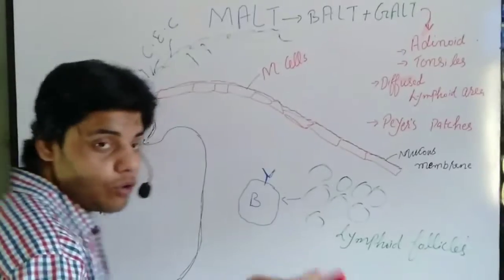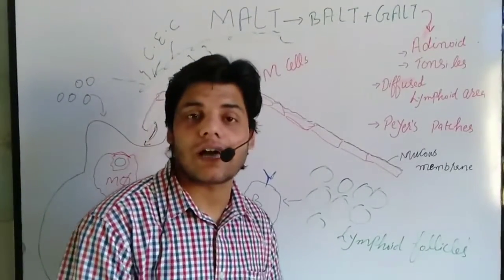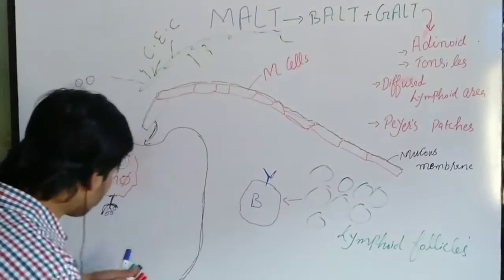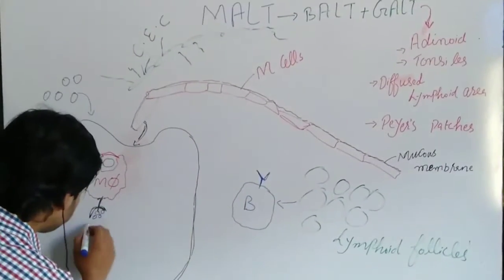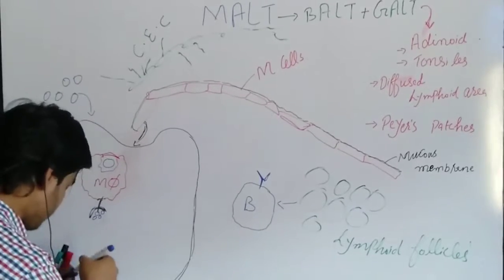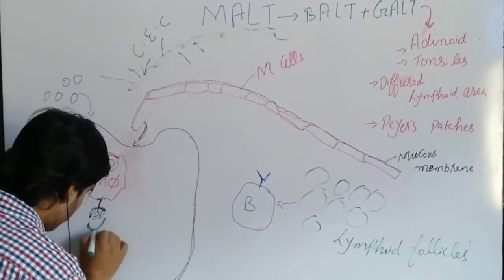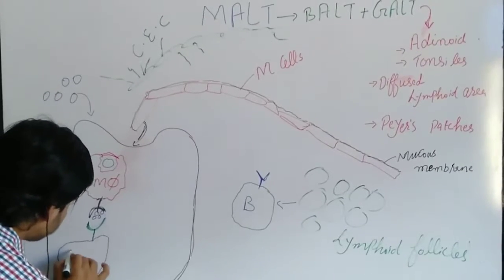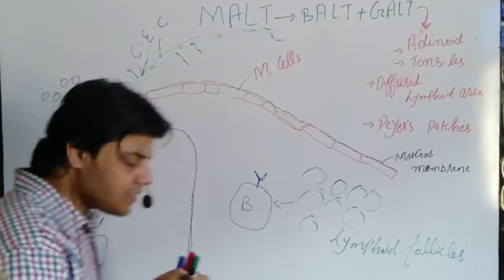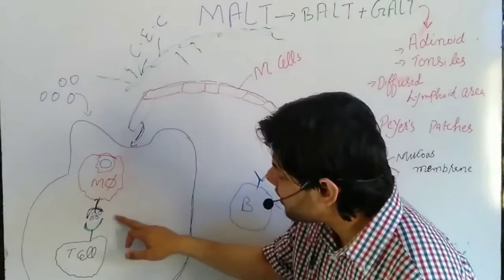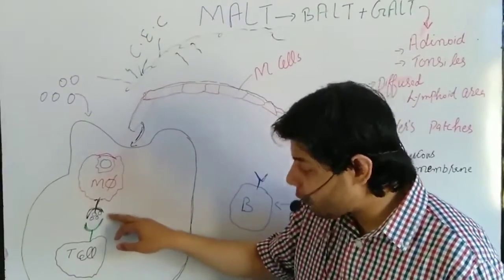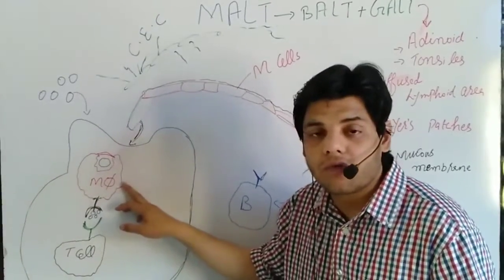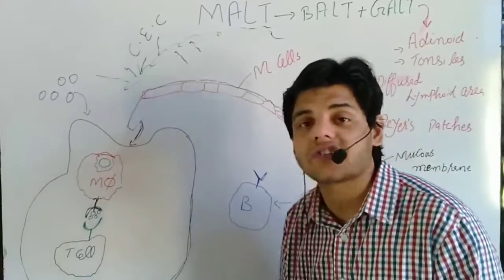If you remember, I said that the T cells are also present here, especially the helper T cells. So the helper T cells are attracted to those MHC2 molecules, and they recognize the fragments of the antigen presented by the macrophages, because macrophages are antigen presenting cells.